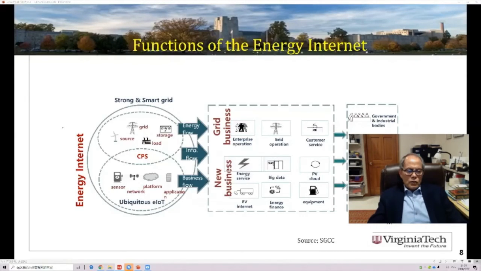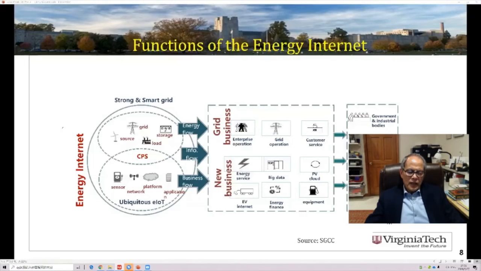Okay. So on the left-hand side, I have 1 circle and 2 ovals. I define them as strong and smart grid. The strong grid is source, grid, storage, and load. Okay, and the lower oval is called ubiquitous EIOT.